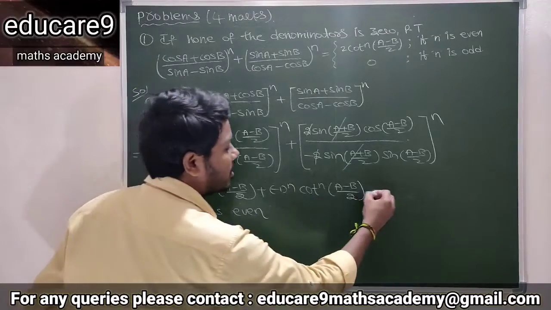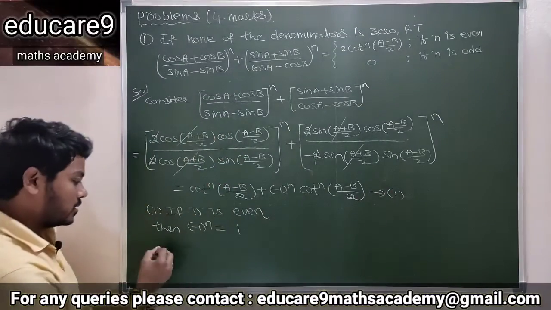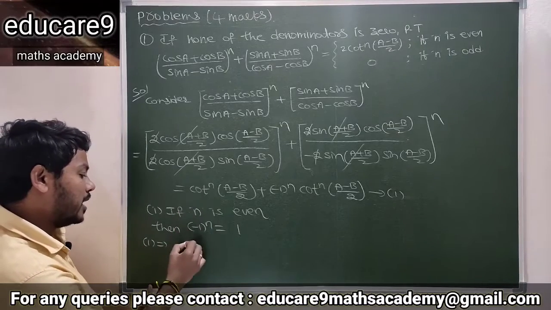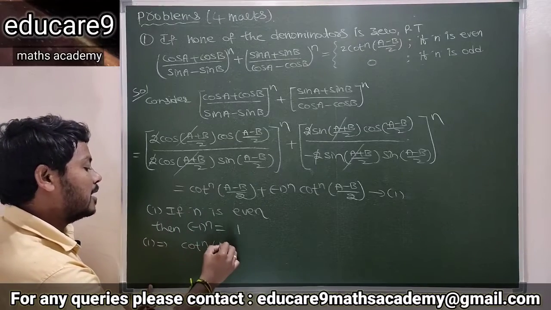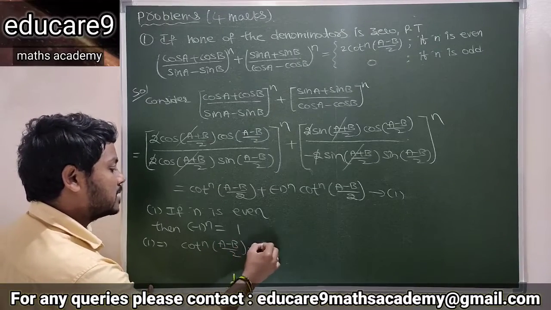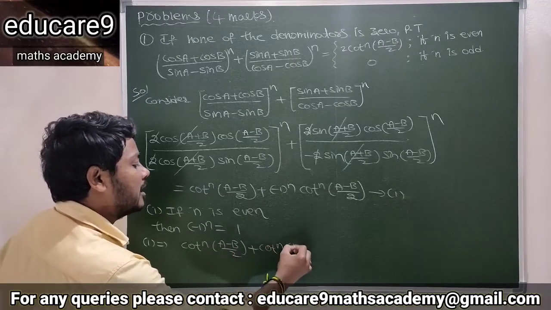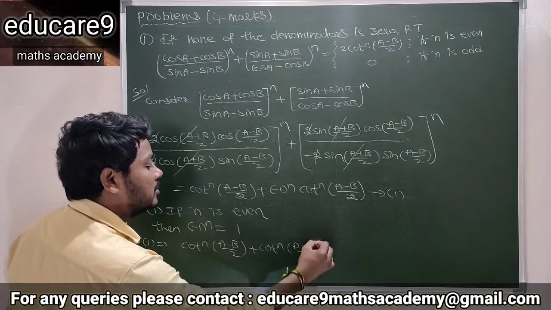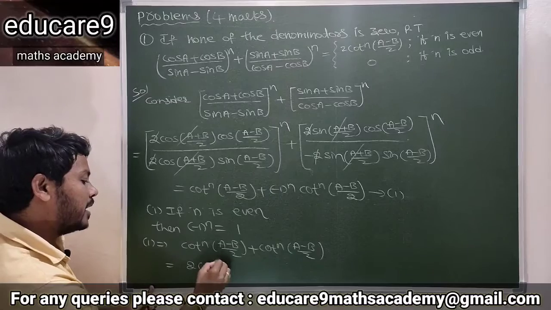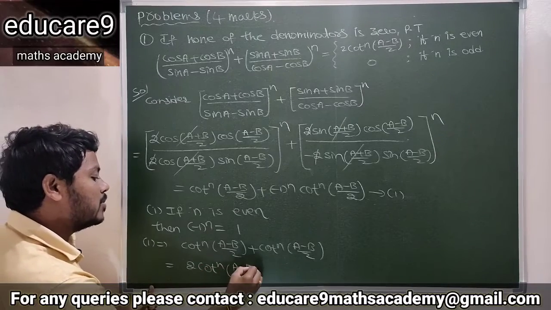Therefore, equation 1 implies cot power n of (a minus b) by 2 plus cot power n of (a minus b) by 2. So what you get is 2 cot power n of (a minus b) by 2.